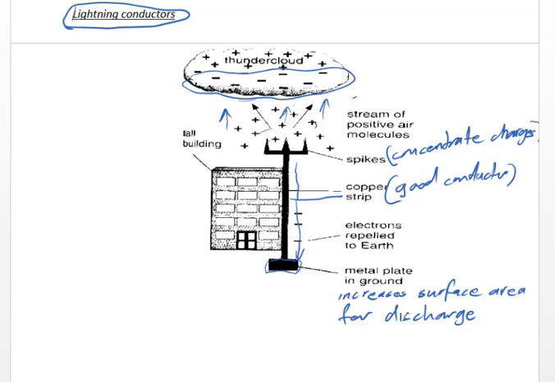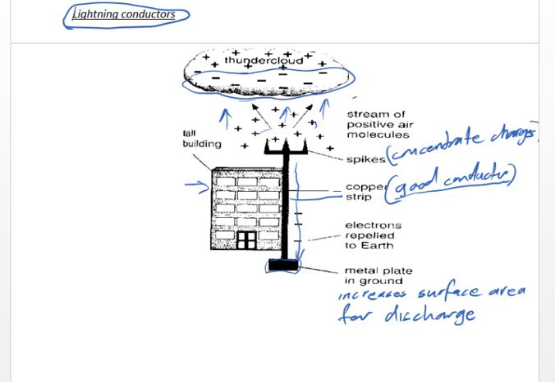If the lightning does occur, we are protected by this lightning conductor because copper is a good conductor. So the charges will always prefer an easy path than the building.